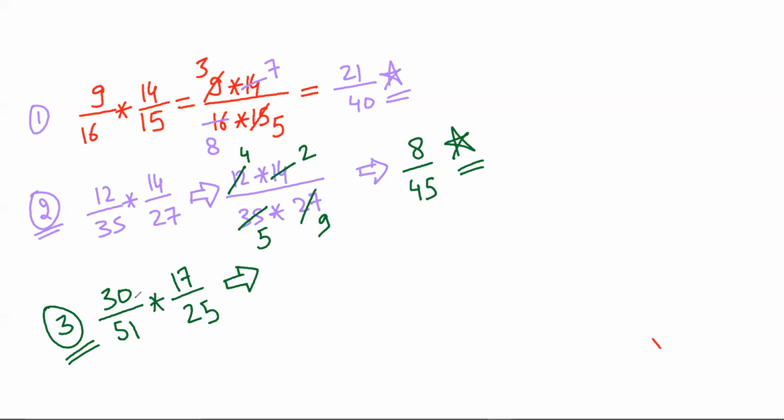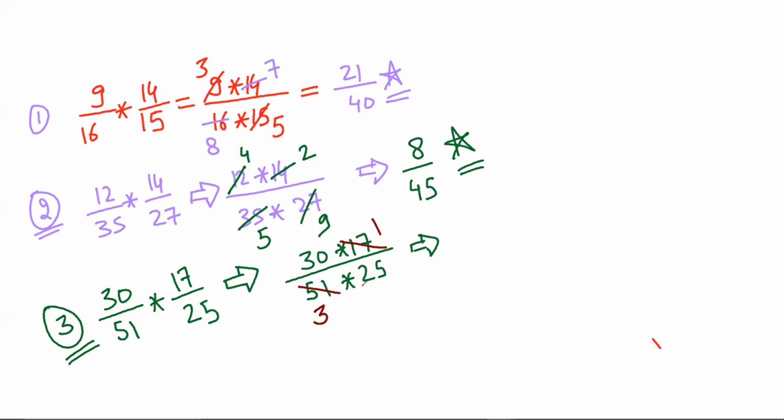What is the common factor that you see between the numerator and the denominator? 17. 17 ones are 17, 17 threes are 51.